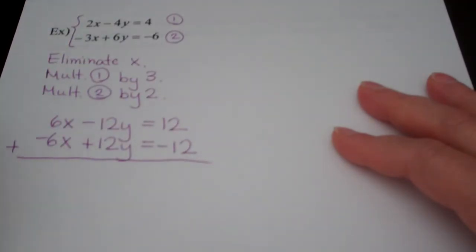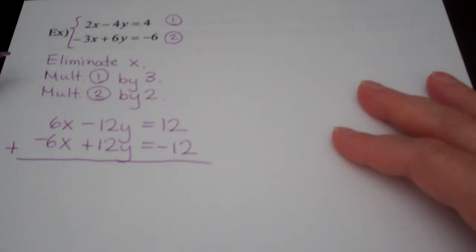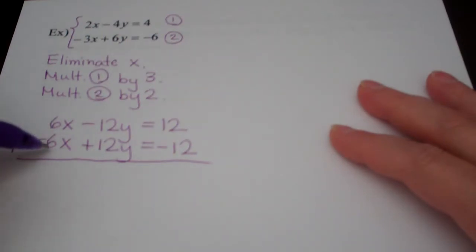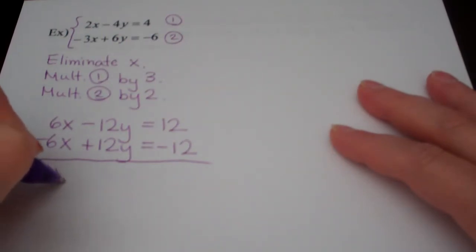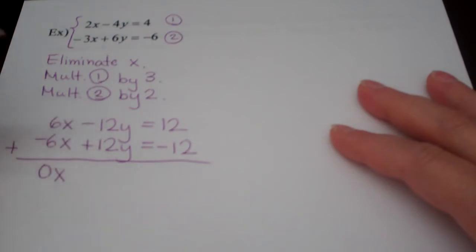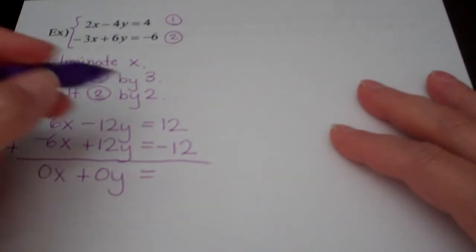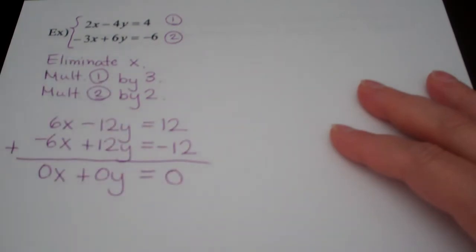Now the focus has been on the x because that's the variable we're trying to eliminate. However, this is the point at which we recognize, hey, something fishy's going on here. When I add these up, 6x and negative 6x, that's 0x. Negative 12y and 12y, that's 0y. And 12 and negative 12, that's 0.